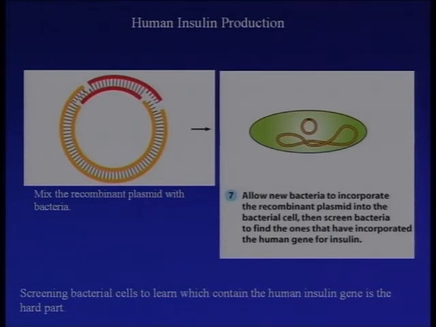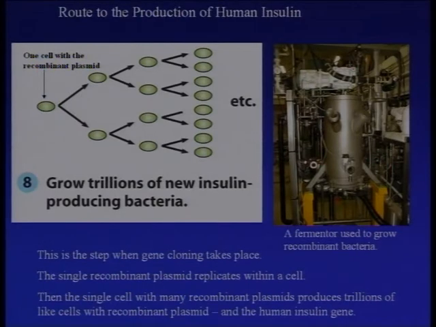The next figure shows how this plasmid DNA undergoes replication. When the plasmid DNA is inserted into the bacterial cell, along with the bacterial DNA, it also multiplies. So, we will get trillions of bacterial cells with the same insulin gene.